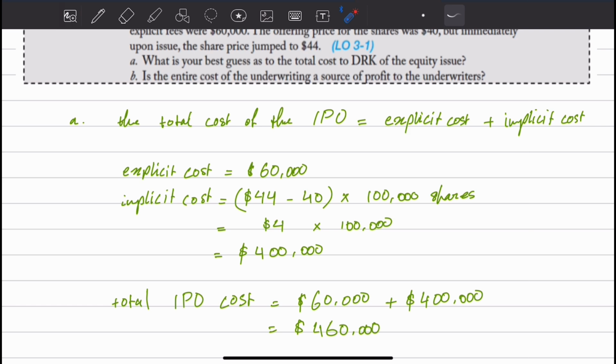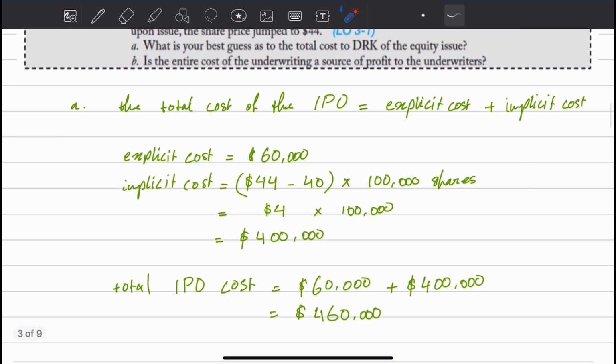If they had to price it higher, typically the underwriter will have to take extra steps like marketing campaigns and things like that to make sure that the issue is covered completely. So in that scenario, DRK would have most likely paid more in explicit costs to the underwriters, right? So the short answer to this is no.